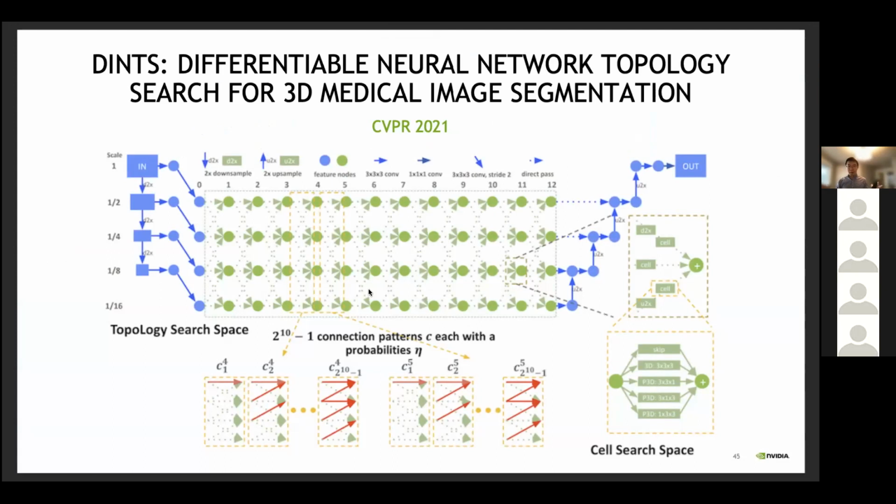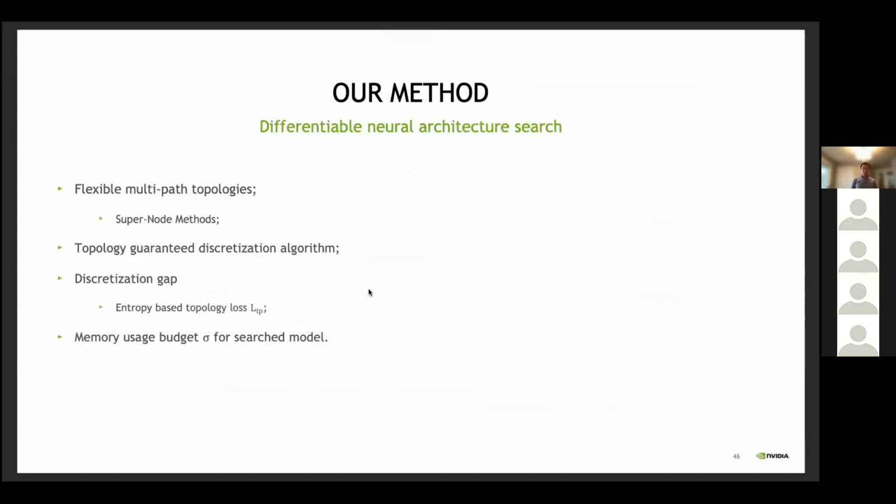So how can we search for a multipath network? Maybe multipath gives us more benefit. So we introduced this algorithm. It can do flexible multipath search, and we introduced a topology-guaranteed discretization algorithm.